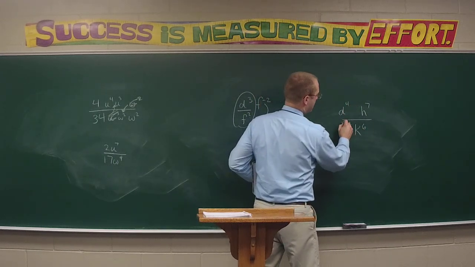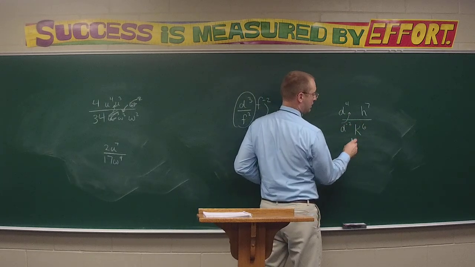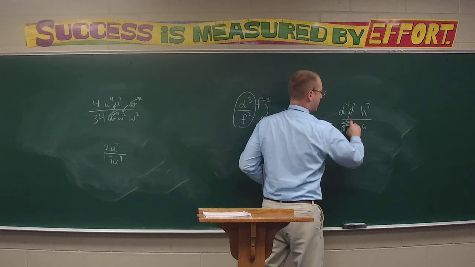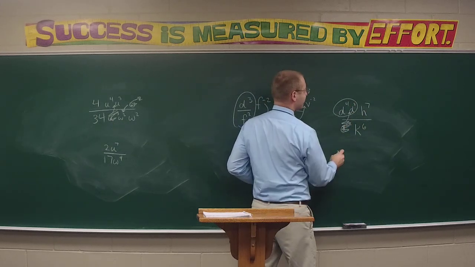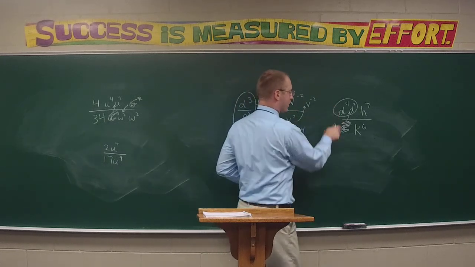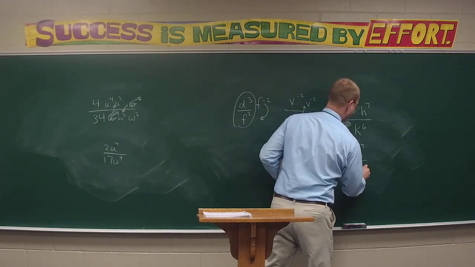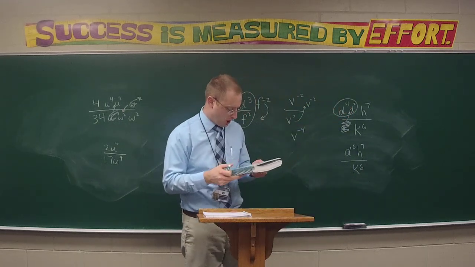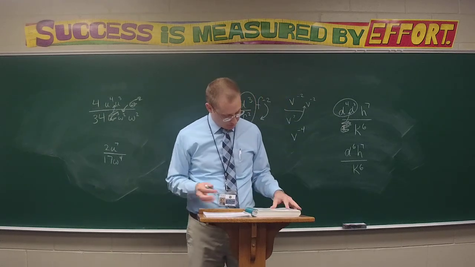So, Genesis, we've got to move the d to the negative 2nd up where it will become d squared. And now I need to multiply these together, and when you multiply like bases, add the exponents. So, there we go, d to the 6th, h to the 7th over k to the 6th should have been our answer for 21. And number 23, your answer, Audrey.